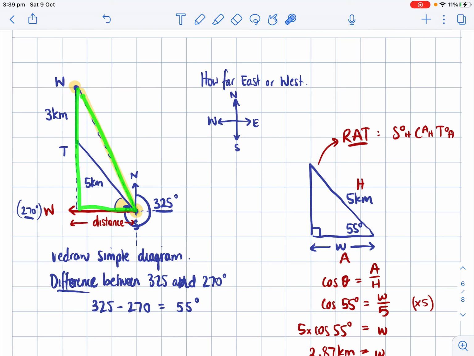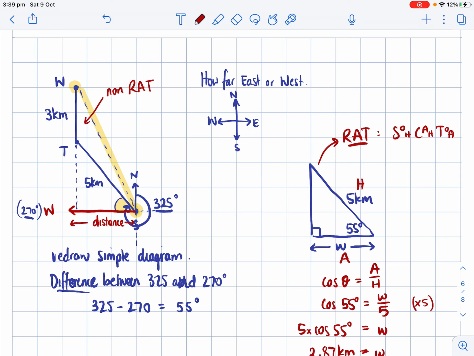Now, the second triangle is a right angle triangle. So some of you might choose to use right angle triangles because that's going to be easier. This one is a non-right angle triangle that I have two sides for. So some of you might be going, I'm going to use the non-right angle triangle.